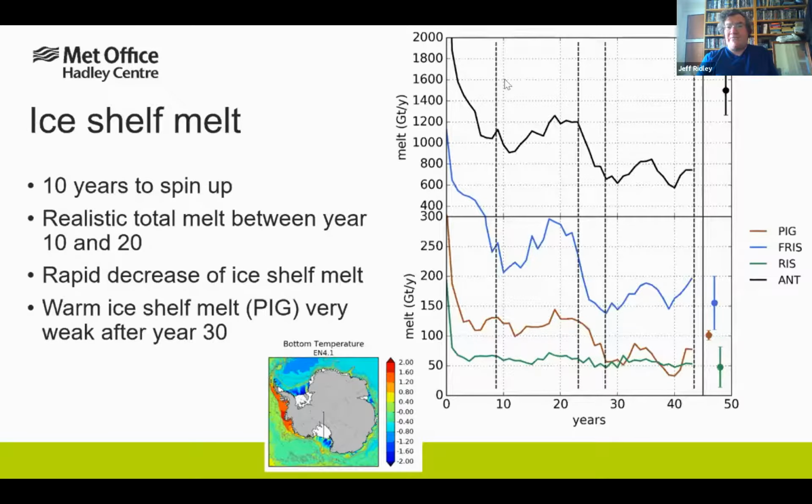Although the Filchner-Ronne ice shelf comes out about right in the end, the Pine Island is slightly too low, and the Ross ice shelf is okay. So some of the ice shelves are doing okay, but other places, mainly the under-resolved ice shelves, are not doing their job.